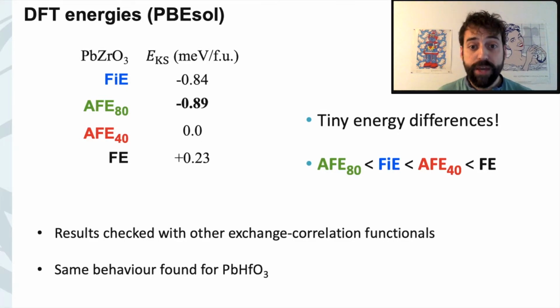First of all, we see that all the polymorphs lie within a 1 milli-electron volt per formula unit window, with tiny energy differences among them. We see that the AFE80 shows the lowest energy, very closely followed by the ferroelectric state, then by the AFE40, and finally by the FE phase. Let me point out that we found very similar trends in the closely related compound lead hafnate.